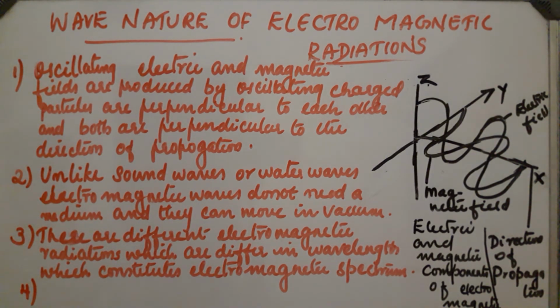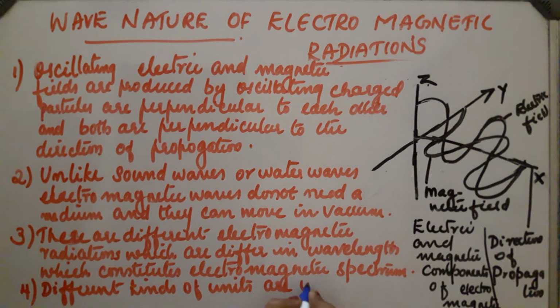These radiations are represented by different kinds of units. Different kinds of units are used to represent the electromagnetic spectrum.